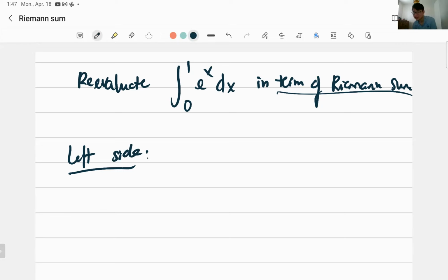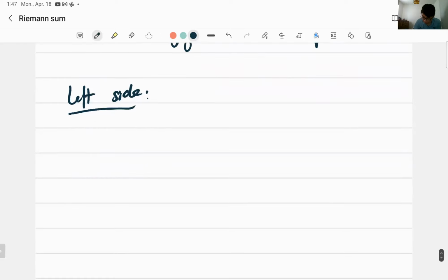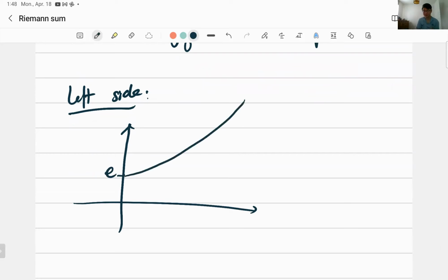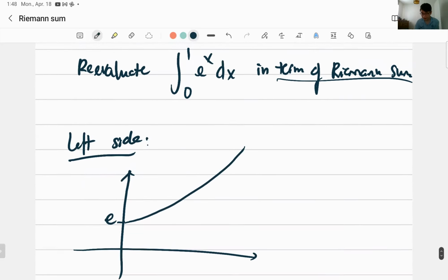Let's think in terms of e to the power of x. This is where e comes from, and it should be going up like the exponential function. Evaluating from 0 to 1, f of x is equal to e to the power of x.